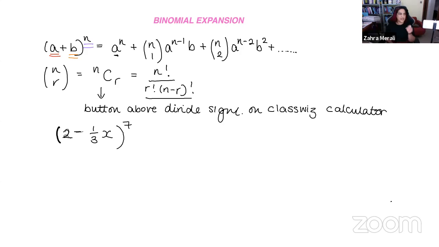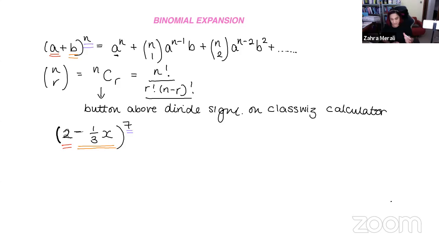And I want the first 3 terms in ascending order. So remember, this is going to be my a, the 2. Now here again, I've chosen this on purpose because we've got minus. So my b is minus a third x, and my n is 7.